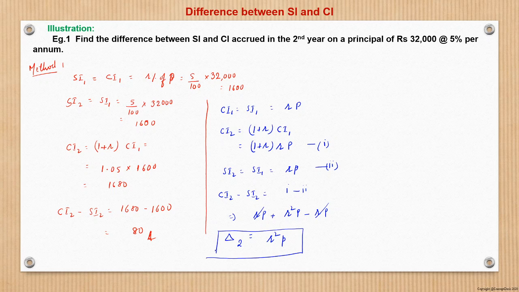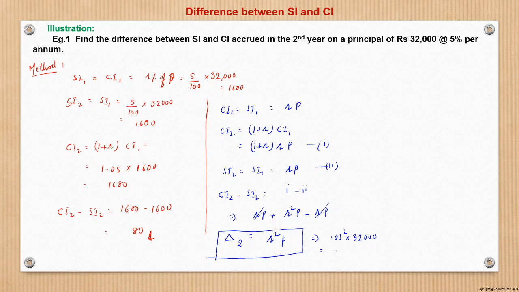This we can remember, or else we can solve using method 1, or we can remember this relationship wherein we just put in delta for the second year, that is the difference between compound interest and simple interest for the second year, will be R square into P. Now here, R square is 0.05 squared, into P, 32,000.